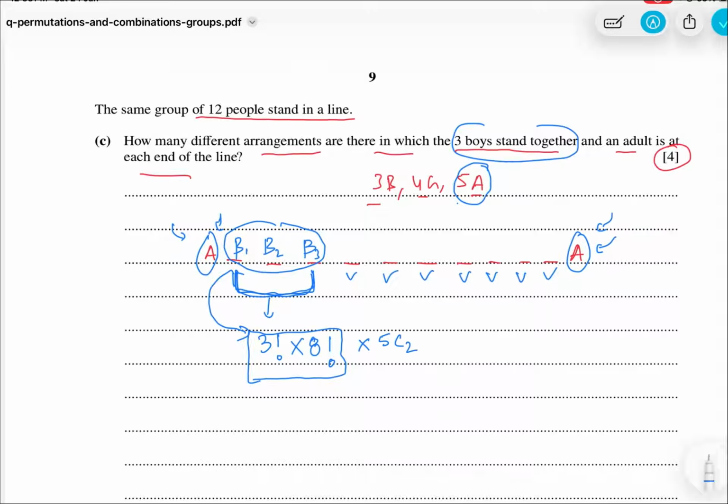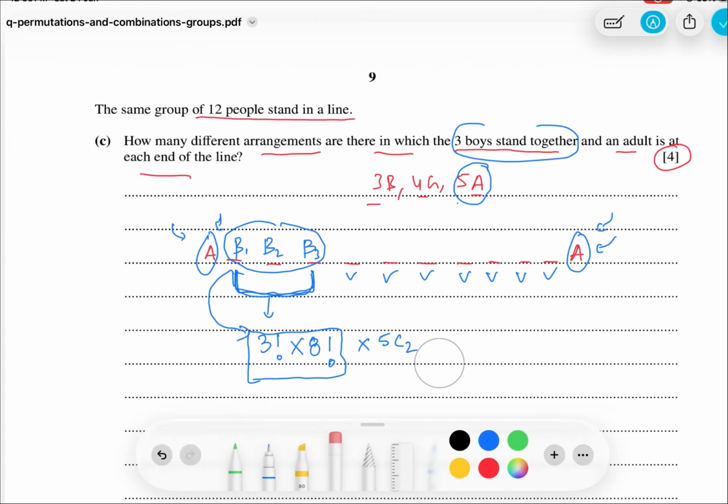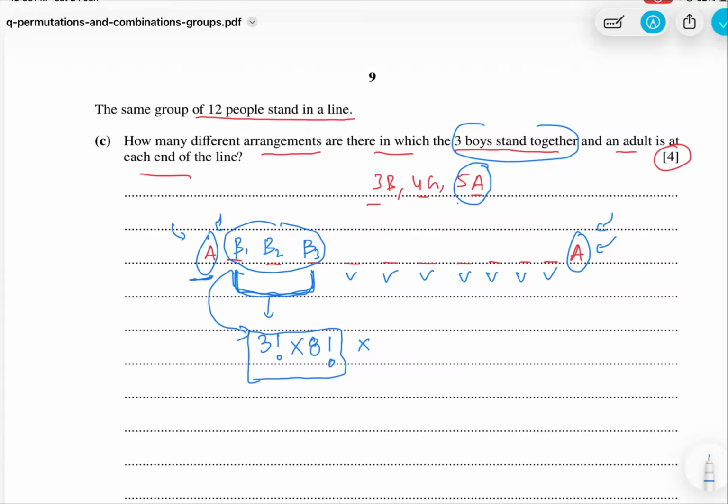Or I will give you a simpler explanation so that you don't confuse yourself with C. Listen, over here, how many choices do we have? 5 choices. So I will write 5 over here. I will multiply it by 5. Over here, how many choices will we have? 4. So I will multiply it by 4.